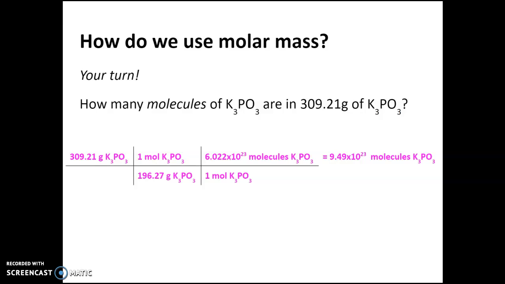Now my moles cancel out, and molecules is all that's left on top of the factor label line. And so this is really good. We're at our target unit. Now we just have to do the math. Multiply the top together, divide by the bottom, and we should get 9.49 times 10 to the 23rd molecules of potassium phosphite.